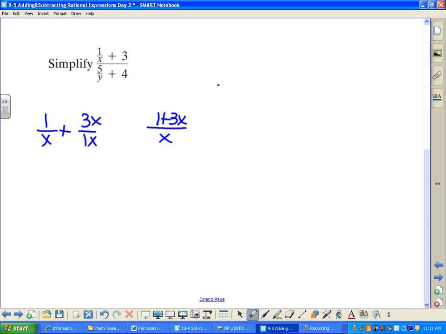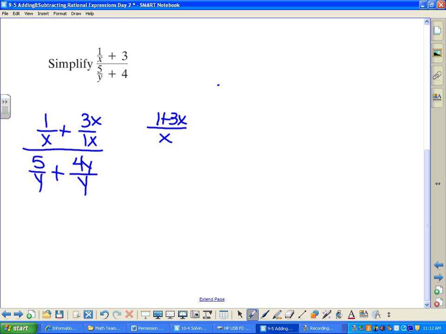Do you agree? Okay. Then in the denominator, couldn't you do the same thing? That 4 would have to become what? 4y over y, right? Multiply top and bottom by y. So now that these two have a common denominator, do you agree?